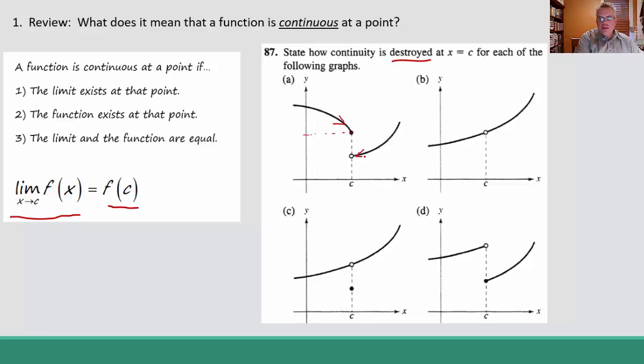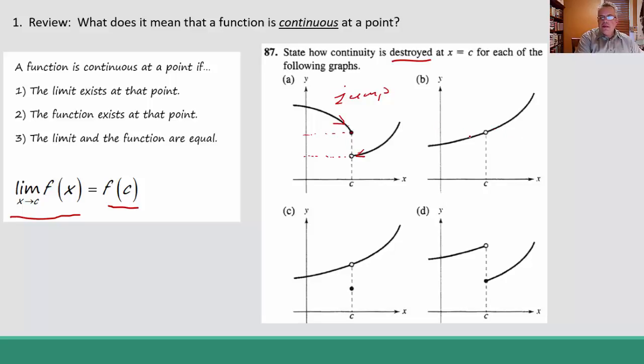And as x approaches c from the right, it approaches a lower value of y. These don't match, so the limit doesn't exist. So the continuity is destroyed right away. The limit doesn't even exist, so there's no point in going further. Remember, this is called a jump discontinuity, and it's non-removable. There's no fixing that.